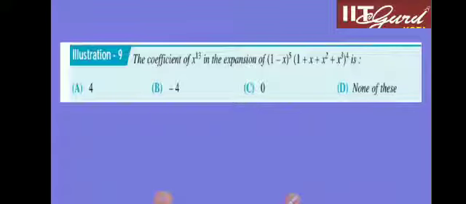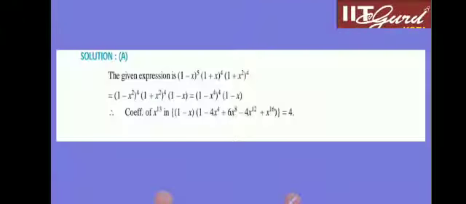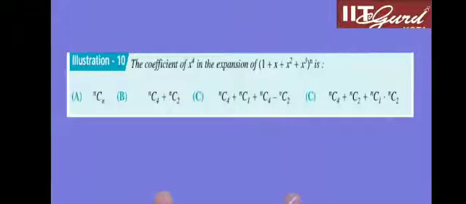That was the same problem. Another one: the coefficient of x to the power 4 in the expansion of 1 plus x square plus x cube to the whole power n is. What is the answer? Pause the video and then try to solve.